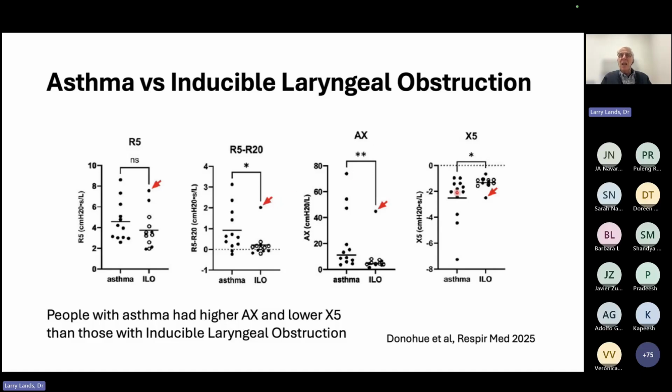You can see that the reactance at 5 hertz and the area under the reactance curve really help differentiate the asthmatic population from those with laryngeal obstruction, whereas the area under the reactance curve was larger in the asthmatics, and they had a lower reactance at 5 hertz. So it can help you in terms of differentiating.